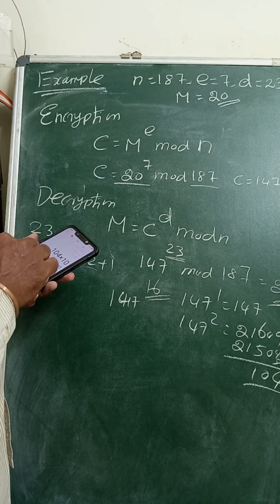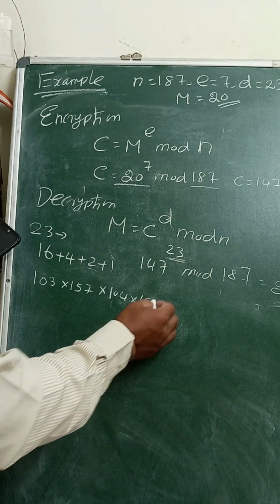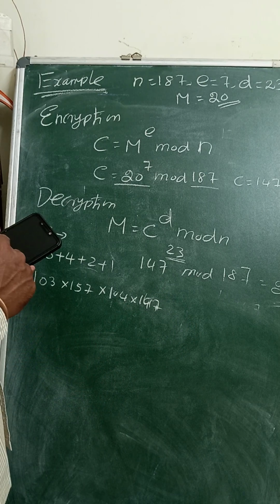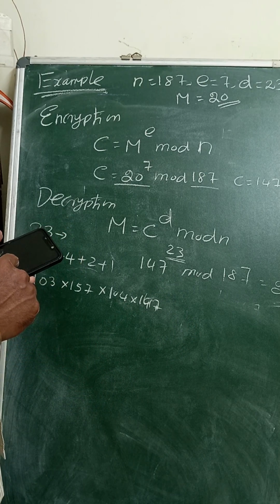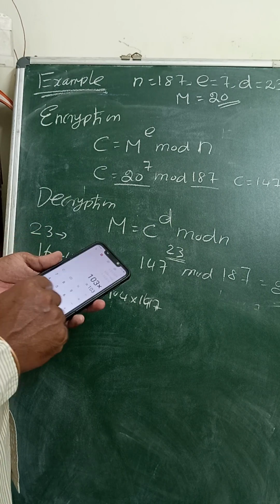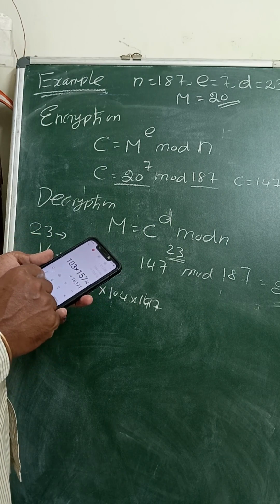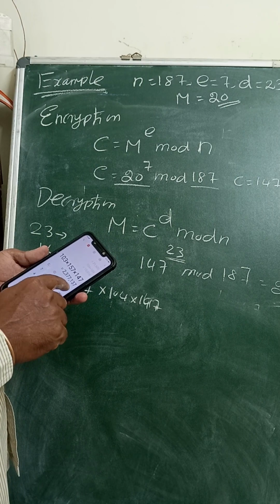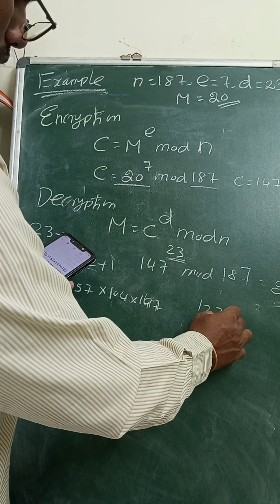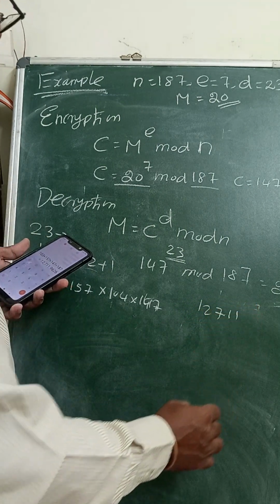104 into 104. We have to multiply this 147. Single time we can multiply. We got the value 103 into 147 divisible by 187. 12711.